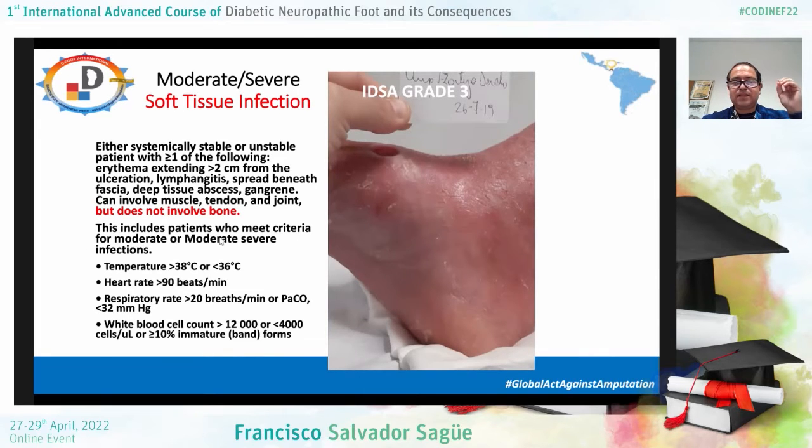This includes patients who meet criteria for moderate and severe infection.